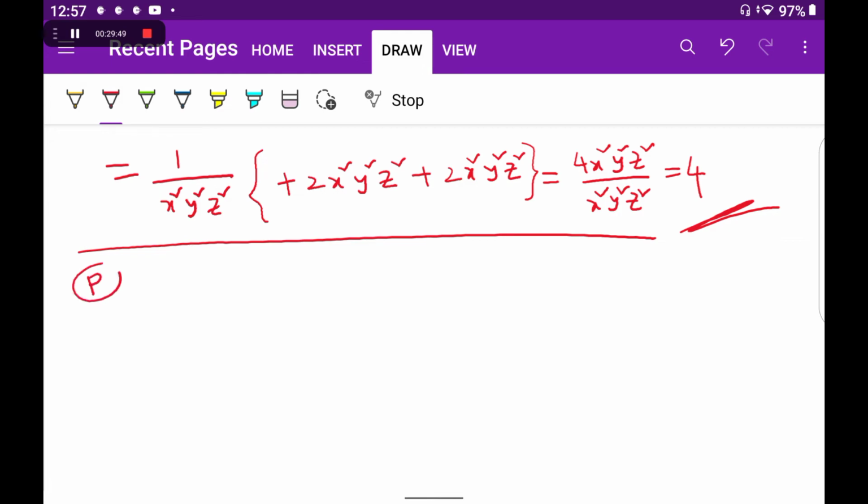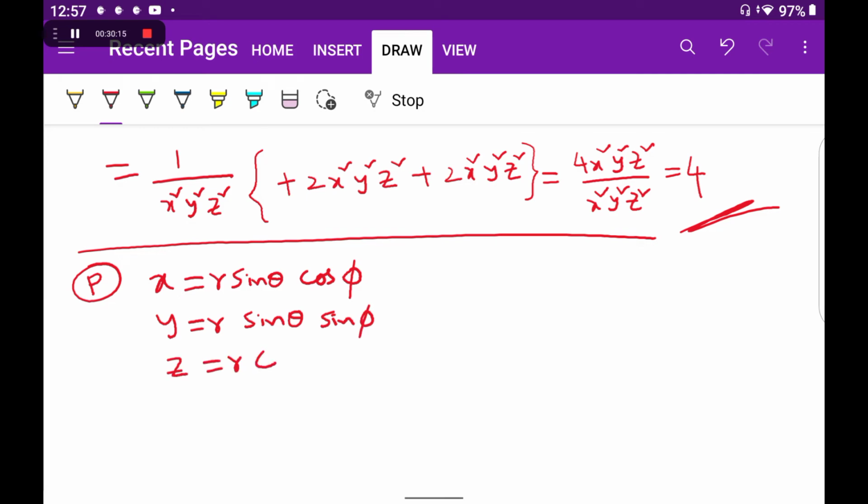Okay. So one more problem. This is the last problem in this second part of Jacobians. This is somewhat important and a different problem. x equal to r sin theta cos phi, y equal to r sin theta sin phi, z equal to r cos theta.